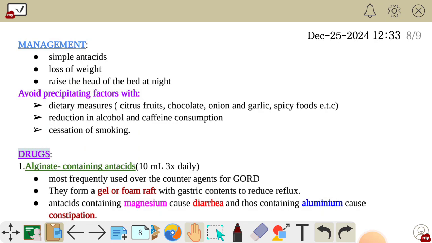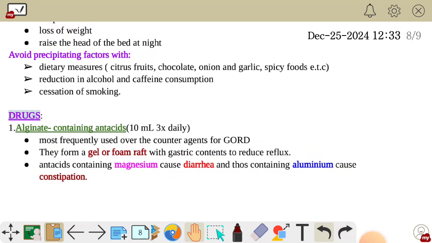Apart from that, we can manage this condition using drugs. The drugs which are mostly used are what we call the antacids. The alginate-containing antacids are used, and they are taken 10 mL 3 times a day. Mostly they are frequently used over-the-counter agents for gastroesophageal reflux disease.